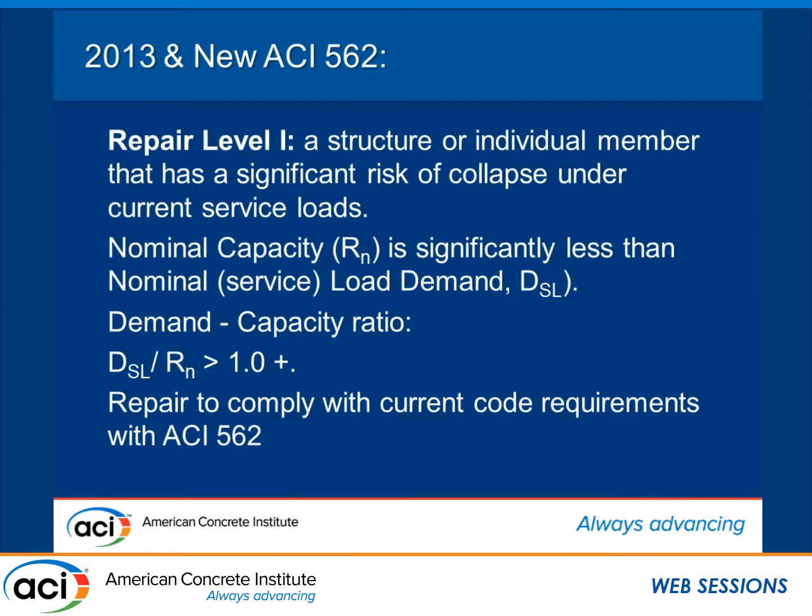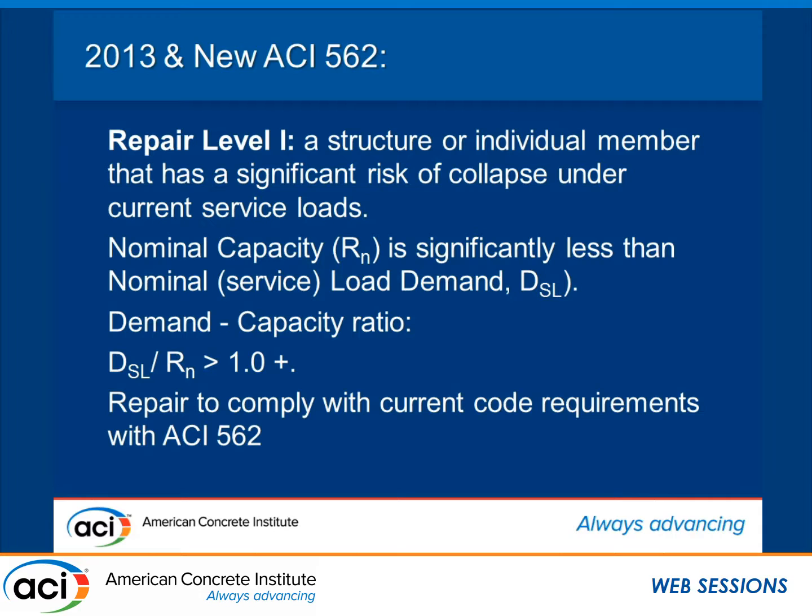If your strength, and this is ultimate strength, is less than service load demand, then your structure is what's termed here a repair level 1 and is termed in the current document as being unsafe. Put this simply, this is nominal load capacity significantly less than nominal service load demand.